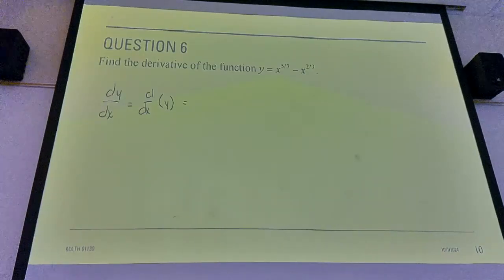Go ahead. 5 times the square root of 3 to the third power all over 3 minus 2 over 3 times x to the cube root. What was that first term? Of 5. So 5 times the square root of 3 to the third power over 3.